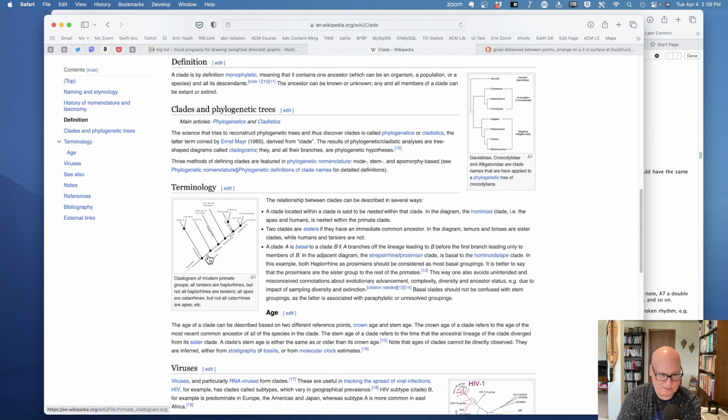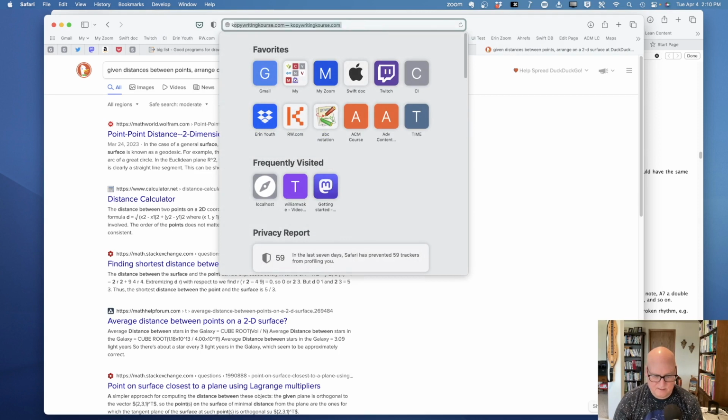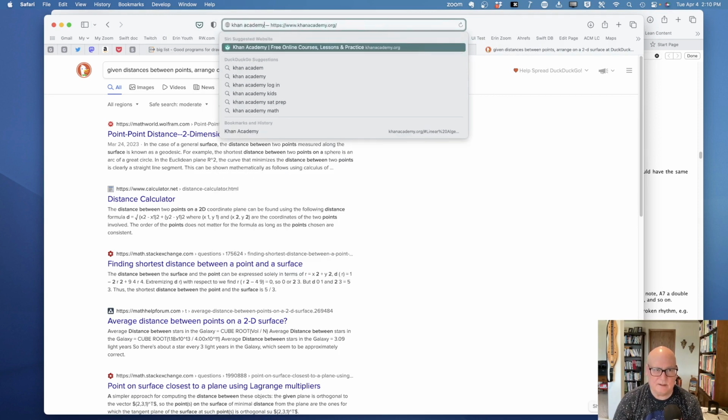But there is a way to do this. It's not numeric. It's more attributes and present or absent. And if you have the most attributes the same, you're very similar. And if you're different, then you're more different. Now, I believe I ran across Khan Academy clade.